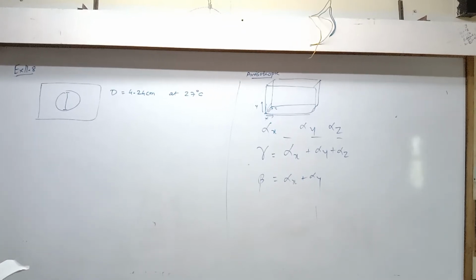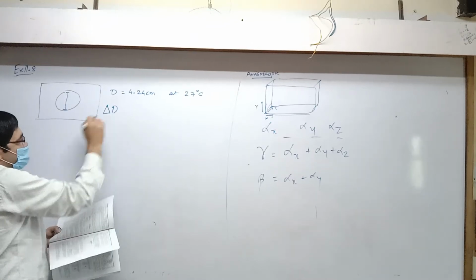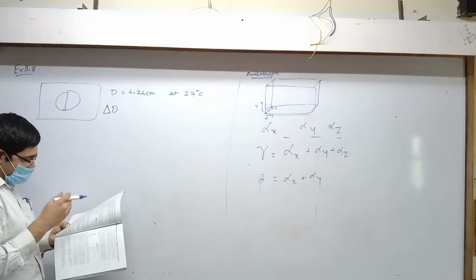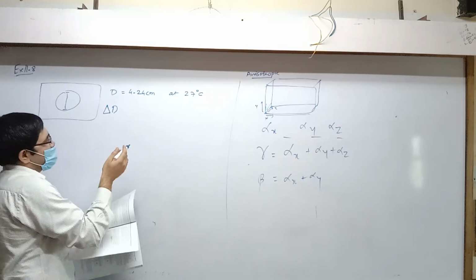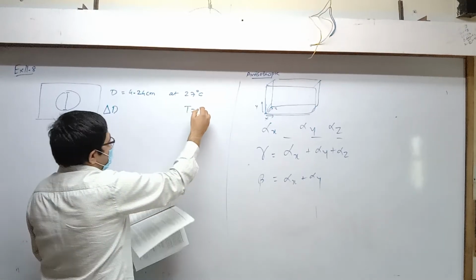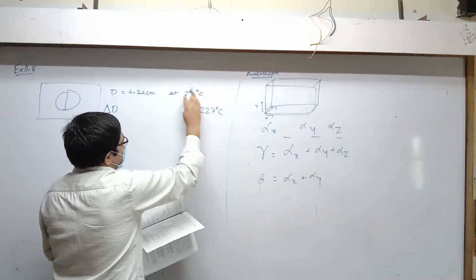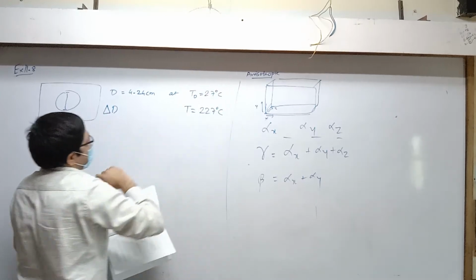So what do we have to find? Change in diameter, that is delta D. What will be the change in diameter of the hole when the sheet is heated to what temperature? To 227 degrees Celsius. So this was the reference temperature or initial temperature, 27 degrees Celsius.